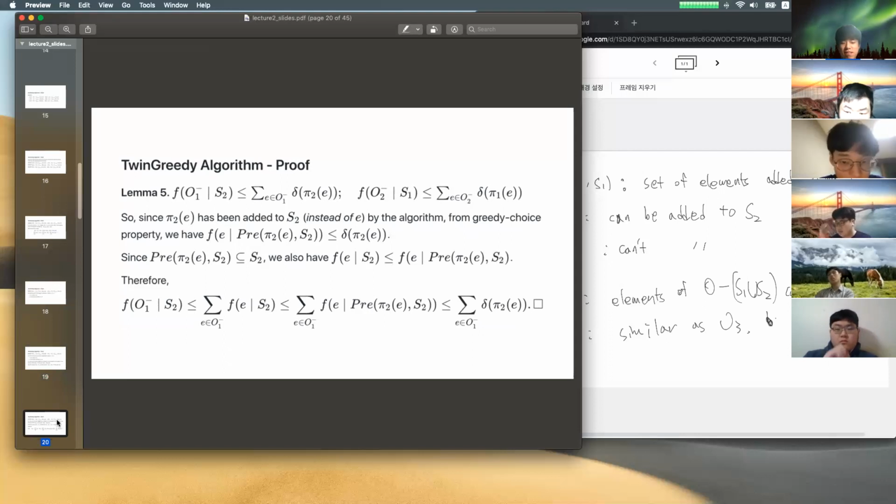We use some computation to finish the proof.